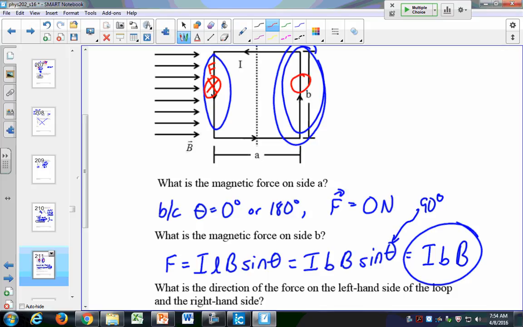It's just going to be the opposite, because the current's going in the opposite direction. If you're not sure about that, current is up, magnetic field vector. Did I do that wrong? Oh yeah, I got it mixed up, I'm sorry. So here, I is down, and this should be out of the page, and then that's into the page. Sorry about that, we'll fix it.